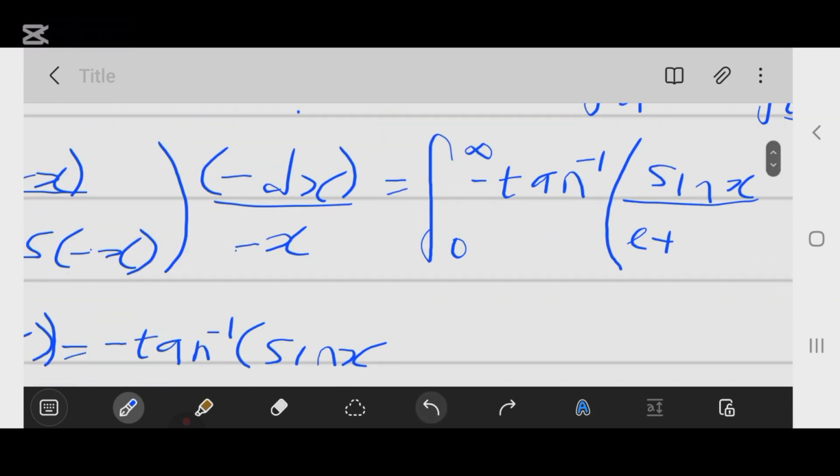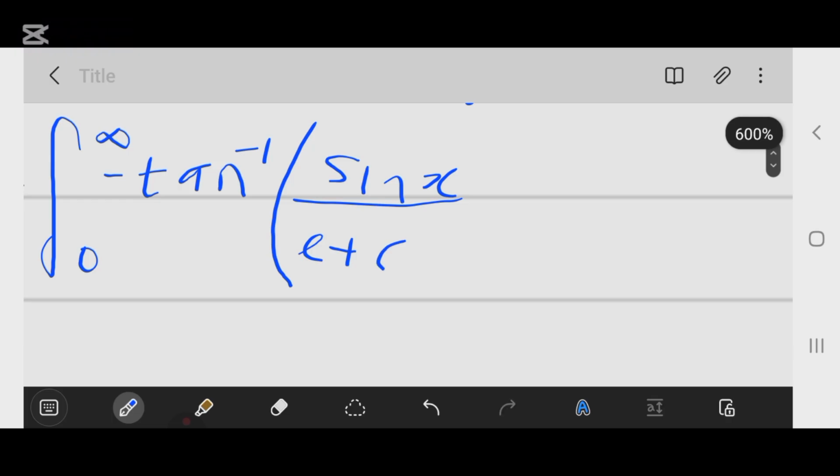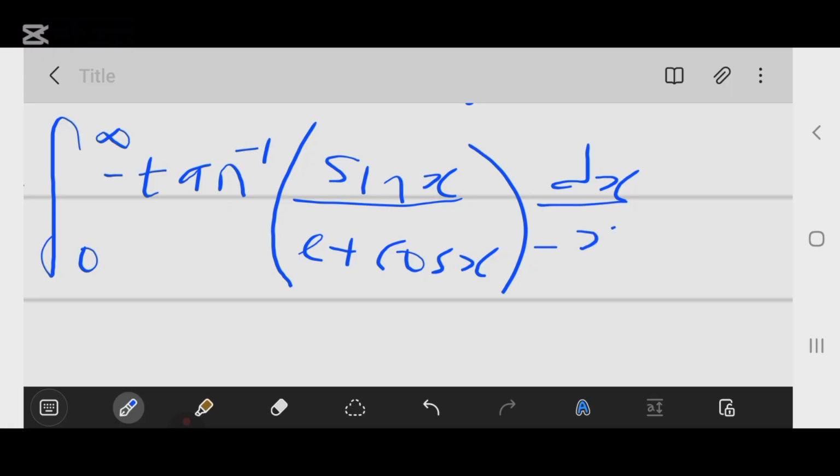Well, because x is an even function, these two can take good care of themselves.